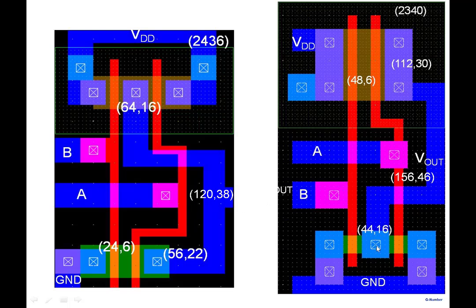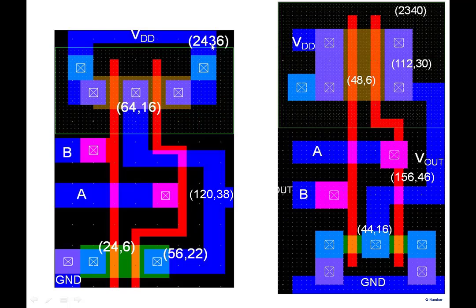The internal capacitance that you see at this point here is 48 and 6, compared to the internal capacitance of 24 and 6 here. So these are almost double this one here. So internal capacitances would be significantly higher compared to the internal capacitance here.